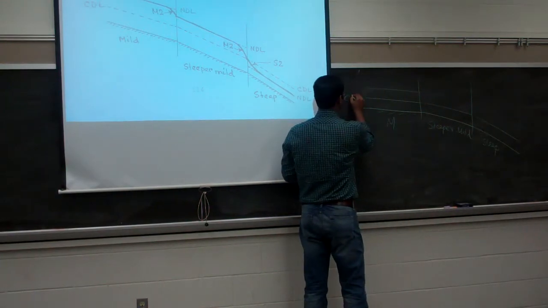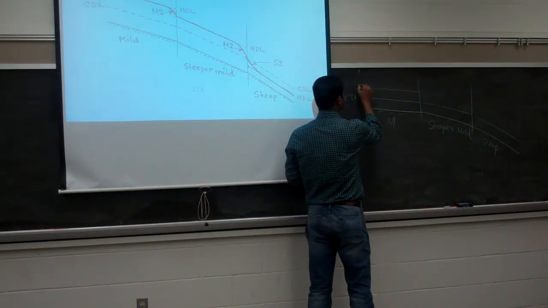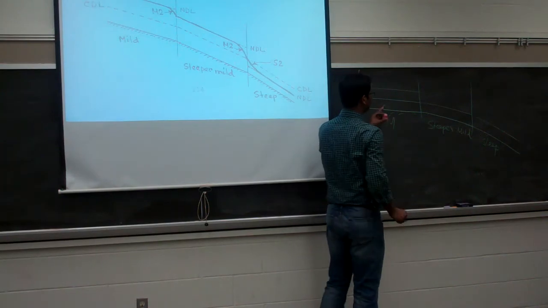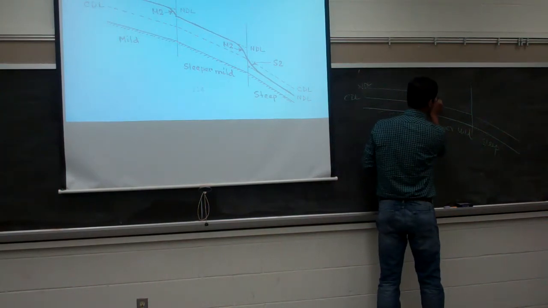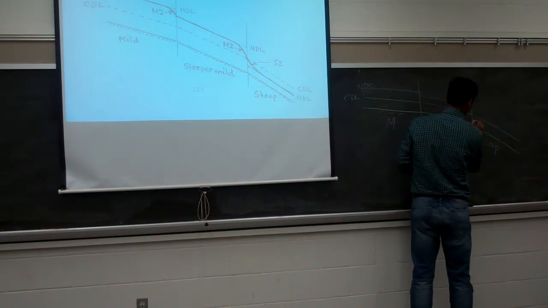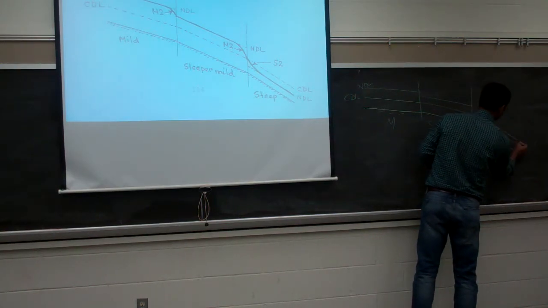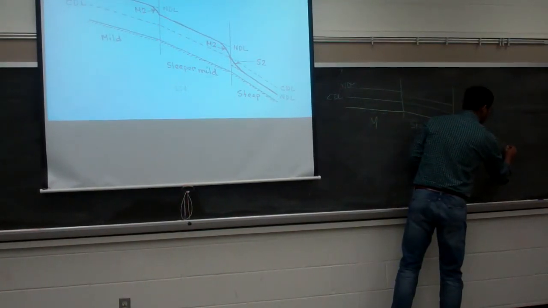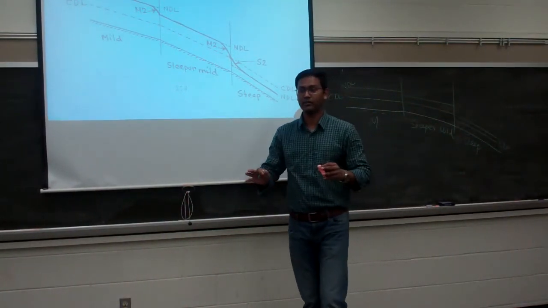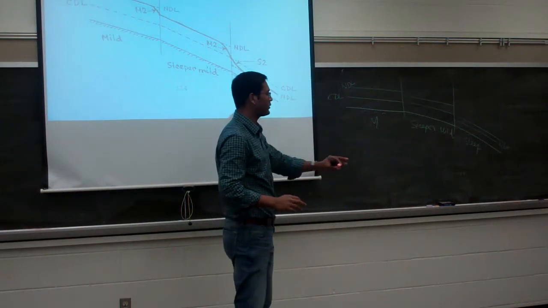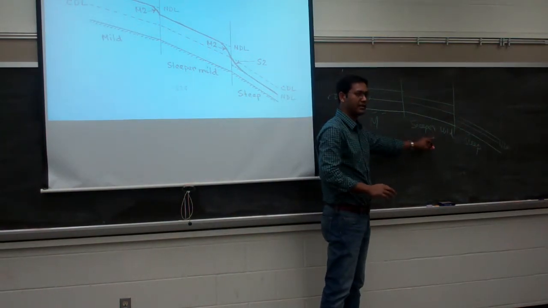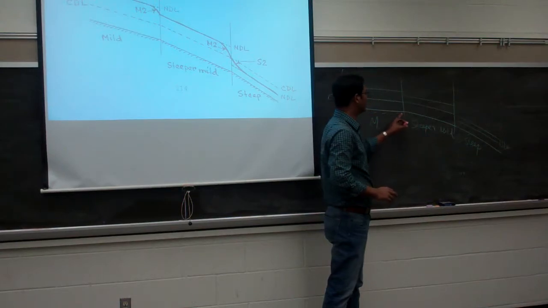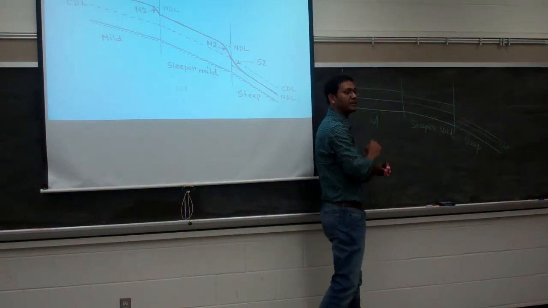This is the CDL, and this is the NDL. See? When the slope is steep, the NDL is below the CDL. Otherwise, for mild and milder, since it is also mild, the NDL is above the CDL.